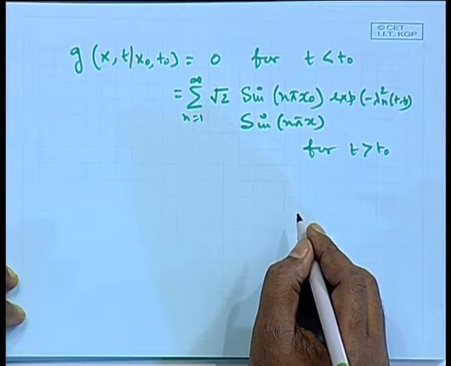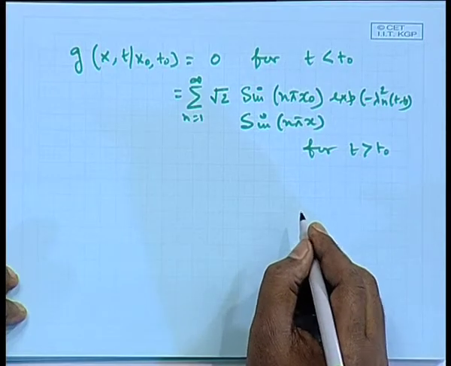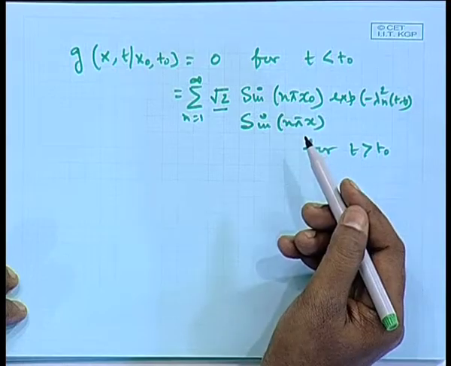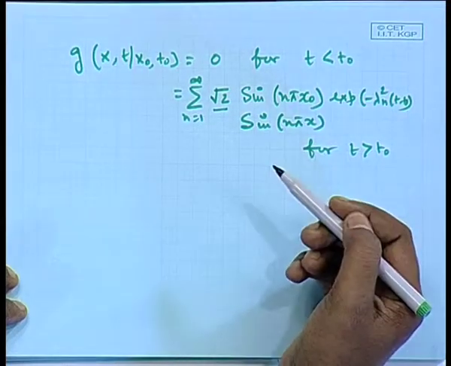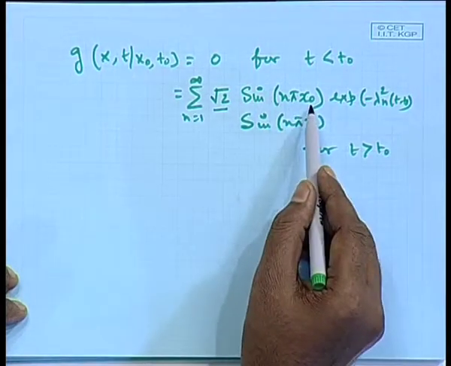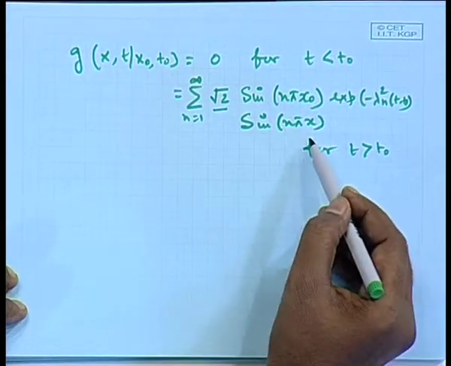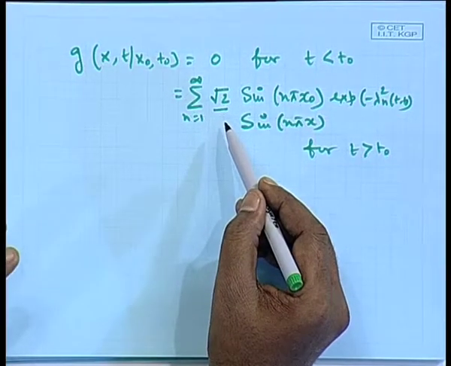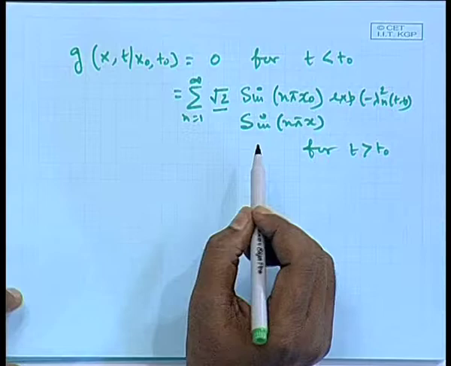It will be minus only. And you check the algebra whether this will be root 2 or 2, because your eigenfunction in front of it you are having a root 2. So, one root 2 will be associated with sin n pi x naught, another will be associated with sin n pi x. So, this will be probably 2, is it? Just check that algebra.